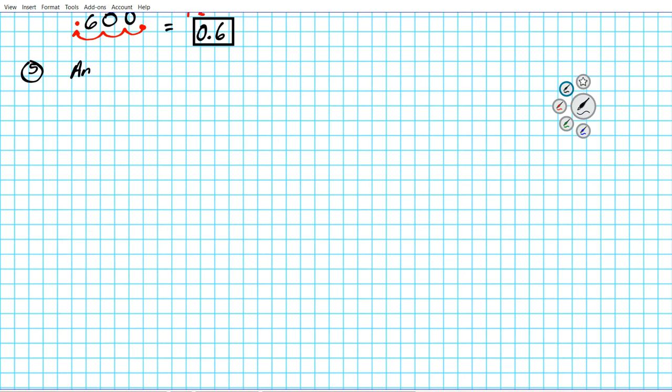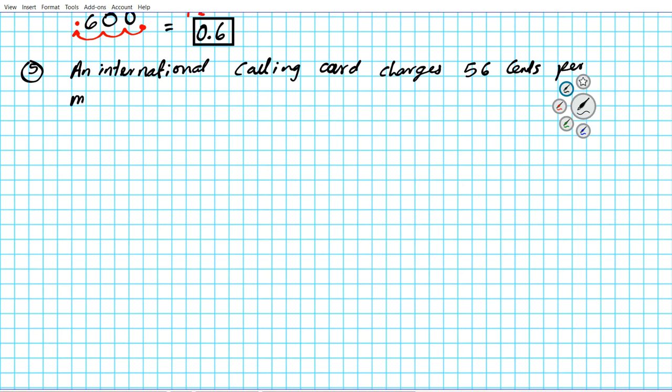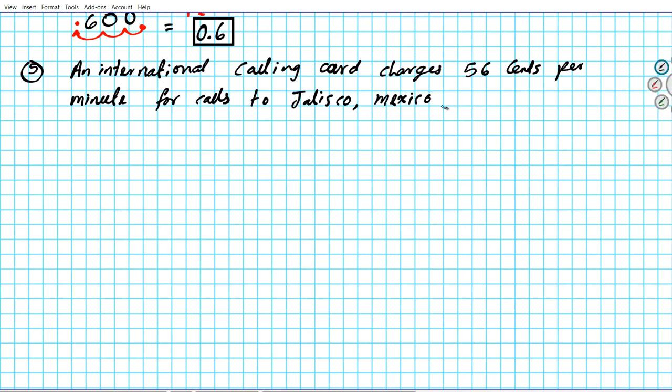An international calling card charges 56 cents per minute for calls to, let's say, calls to Jalisco, Mexico. Okay. So this is the question.